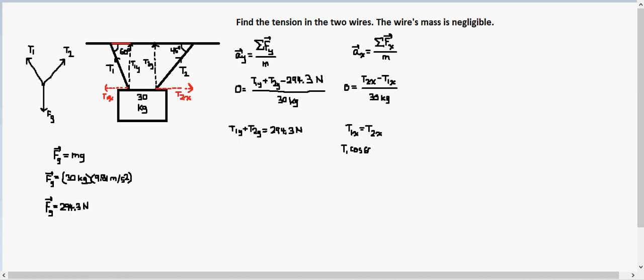And what's T2x? T2x is also cosine, T2 cosine of 45.